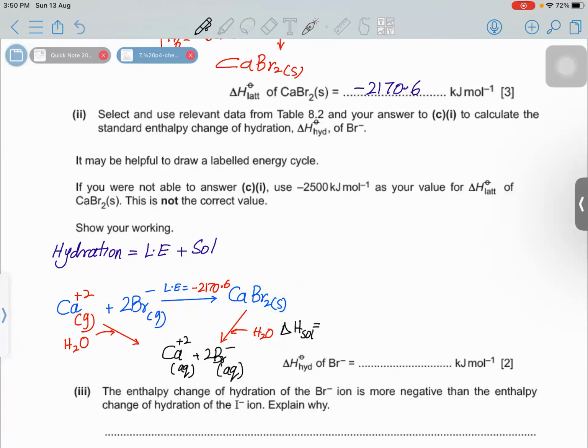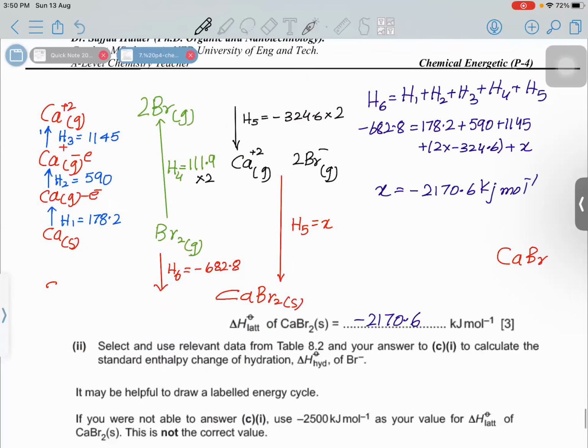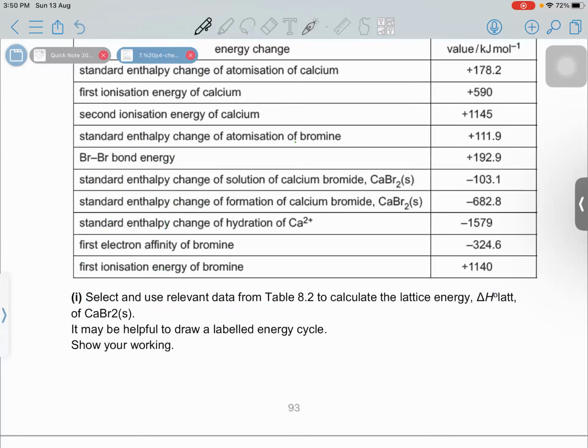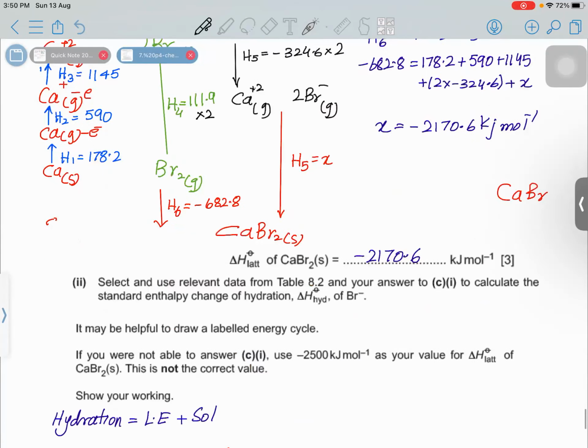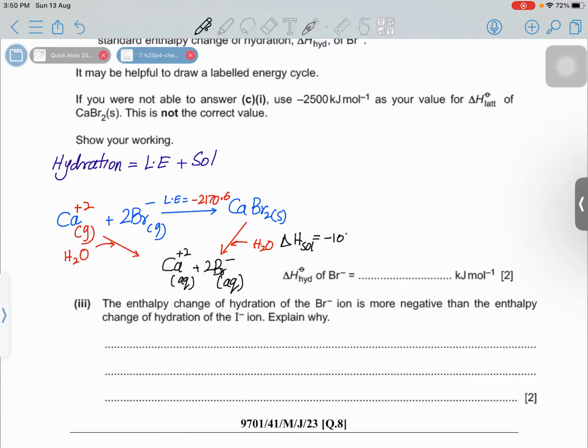Can you tell me the value of solution? So I will use the table to find it. Yes, look at the table. So minus 103.1.